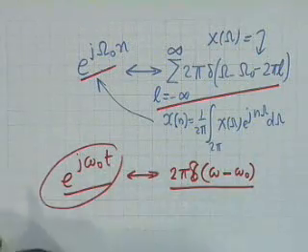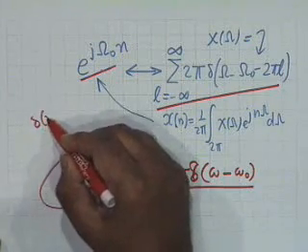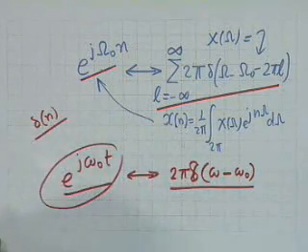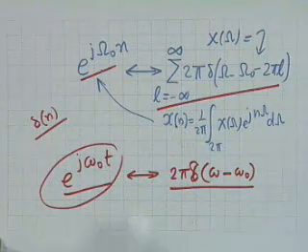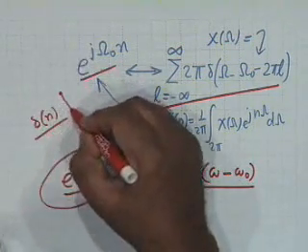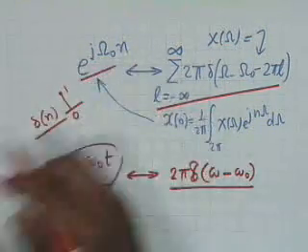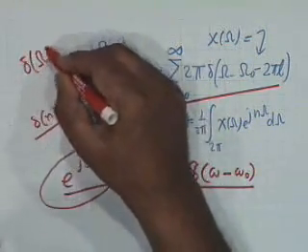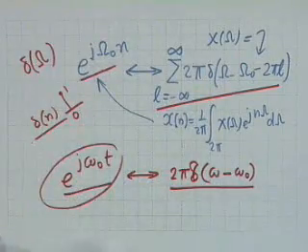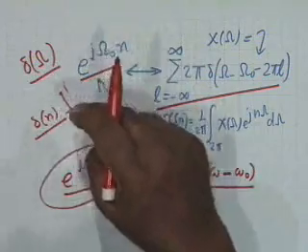You also have to notice one other important factor: delta n is an impulse in the discrete time domain, and its value is 1 occurring at n equal to 0. Whereas when I write delta omega, what is this? This is not a discrete domain.